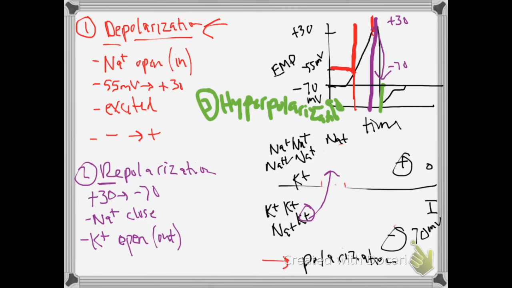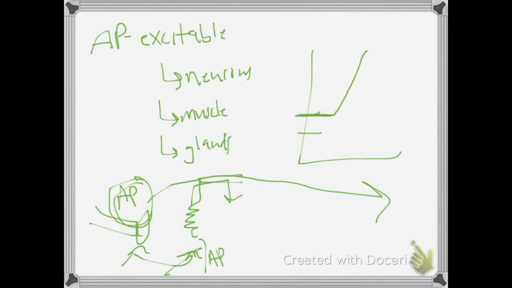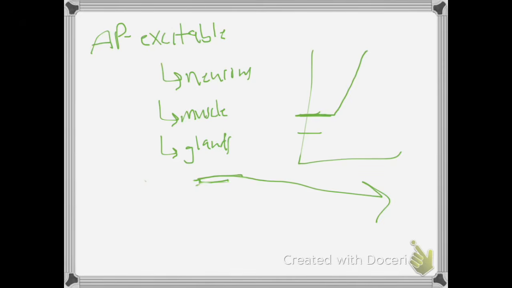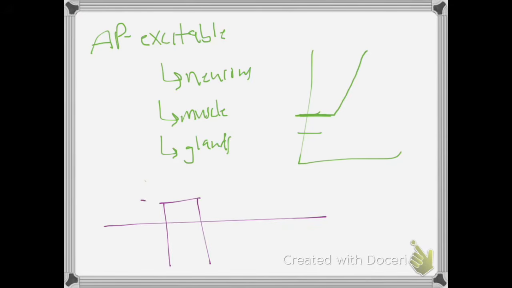Okay, so this idea of threshold, what do we say when we say that we need to reach this threshold stimulus at negative 55? That just means that we need enough, sorry, this was from earlier. We need enough sodium, we need enough graded potentials, we need enough neurotransmitters, so this is what we've normally drawn. We need enough neurotransmitter binding to these receptors, opening up these gates to let sodium in.